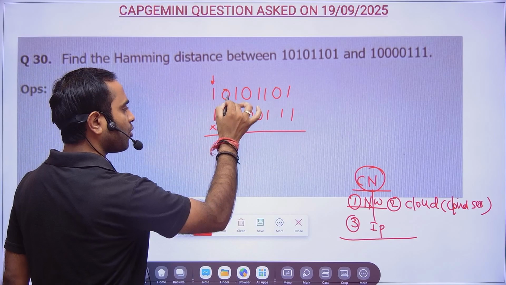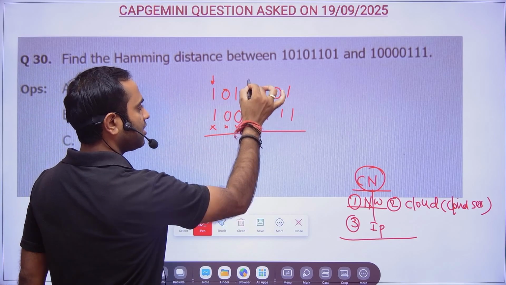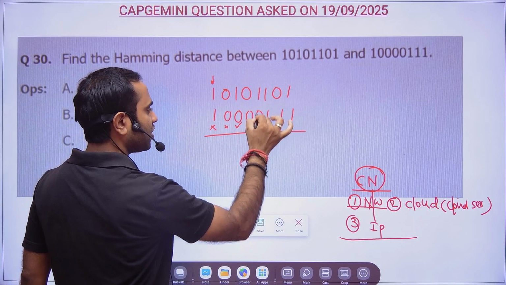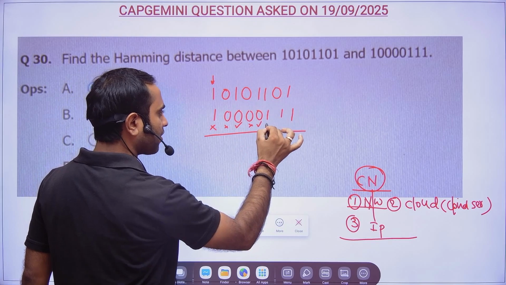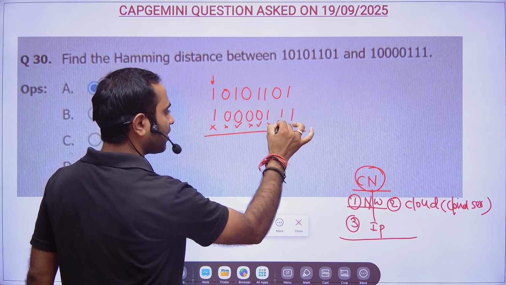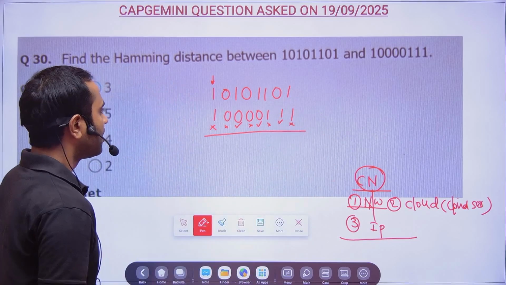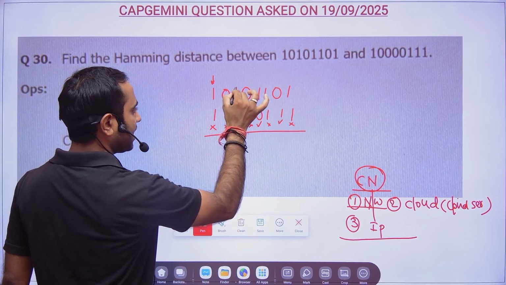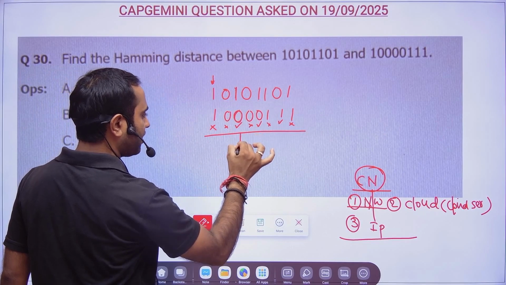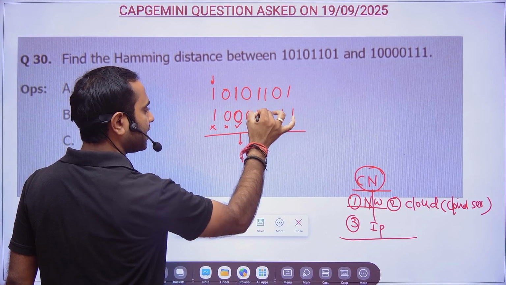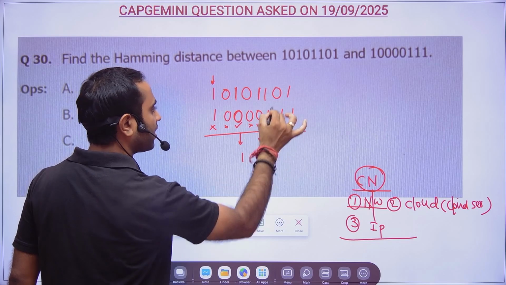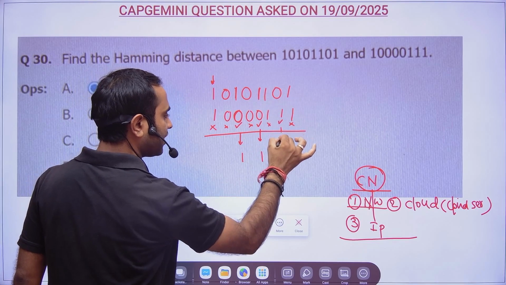This is also the same, both are the same, this is different. This particular column is the same, this particular column is different, this one is the same, this one is different, and this one is the same. Here it is 1 and here it is 0, so it is different. Here it is 1 and here it is 0, different. Again, here it is 0 and here it is 1, different.